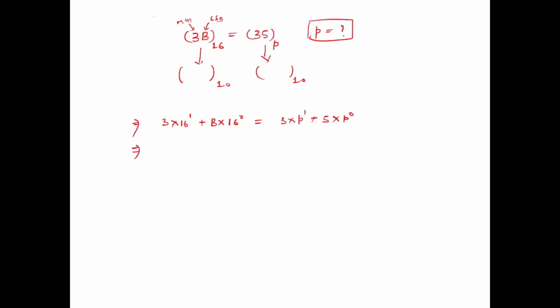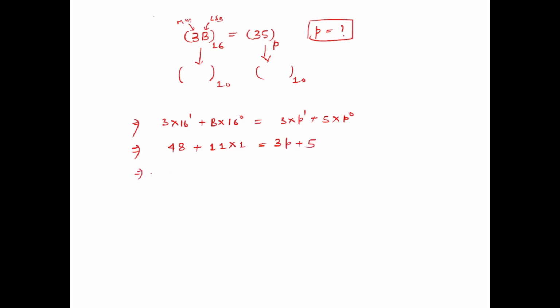That implies 16 into 3, 48, plus b, which in the hexadecimal number system is nothing but 11. 11 into 16 to the power 0 is 1, is equal to 3p plus 5 into p to the power 0, which is 1.